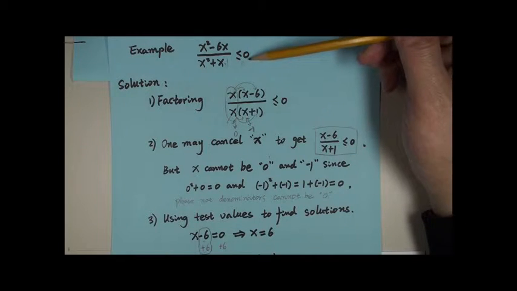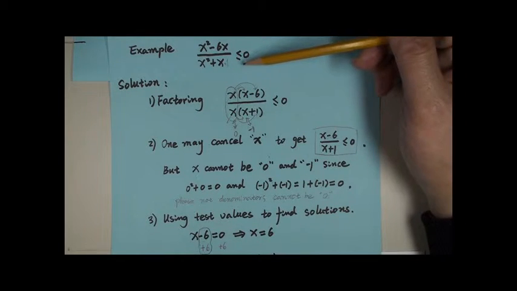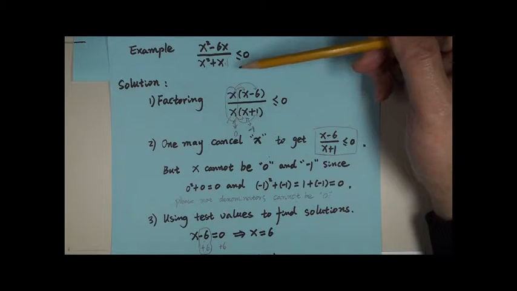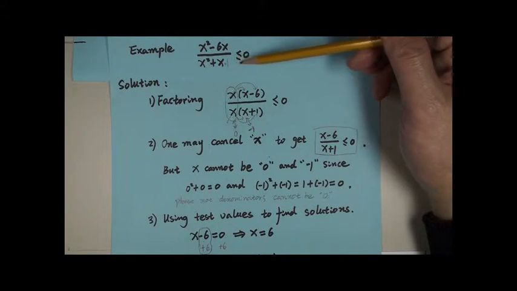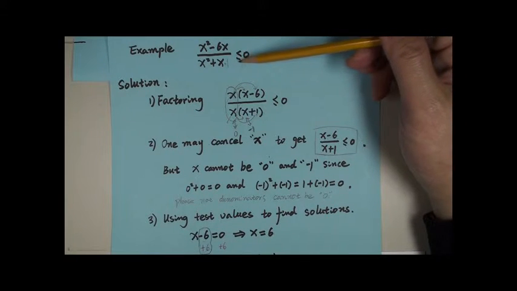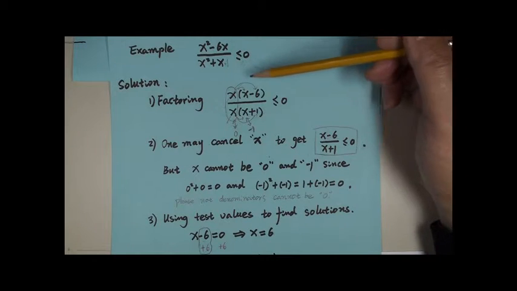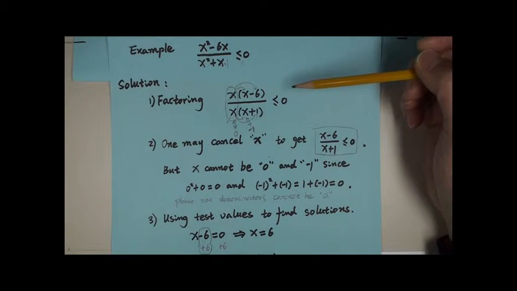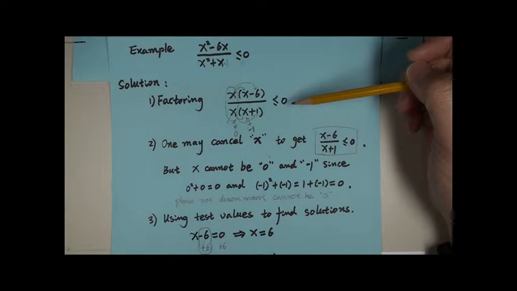The right hand side is 0 and this one is less than or equal to. Previously we did it without the equal to, so now things get a little bit complicated.